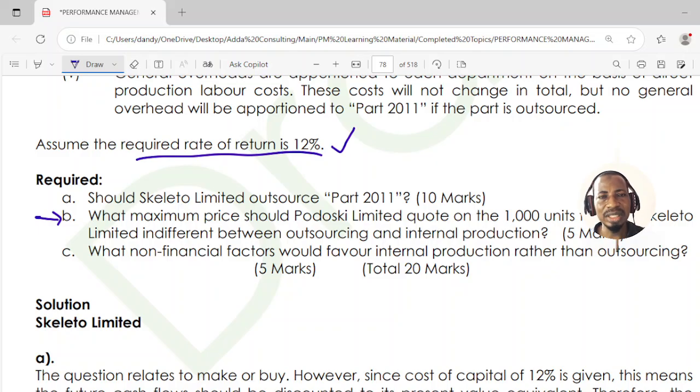So if the supplying cost reduced by a specific percentage, can the project still be viable? Can we still be having the 13,194? You want to know the extent to which the supplying cost can change that will make Skeletal Limited indifferent, that is to break even, whether they outsource part 2011 or produce part 2011 internally.